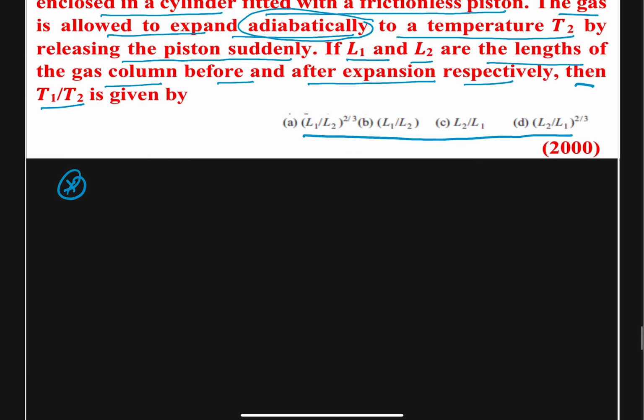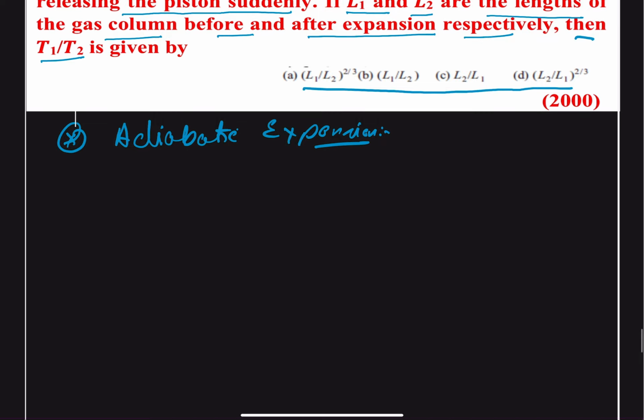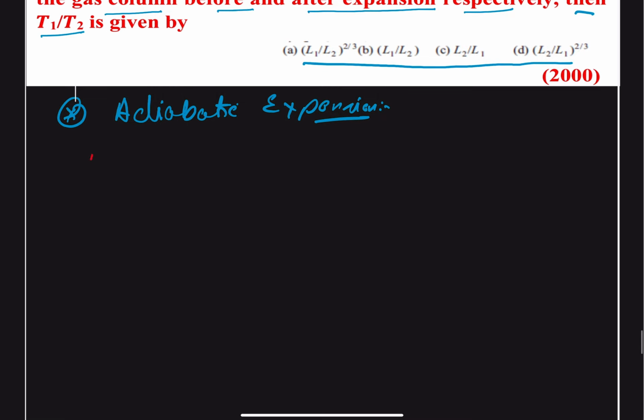So we can say, for adiabatic expansion, we have two relationships. First one gives us P V raised to power gamma is equal to constant.